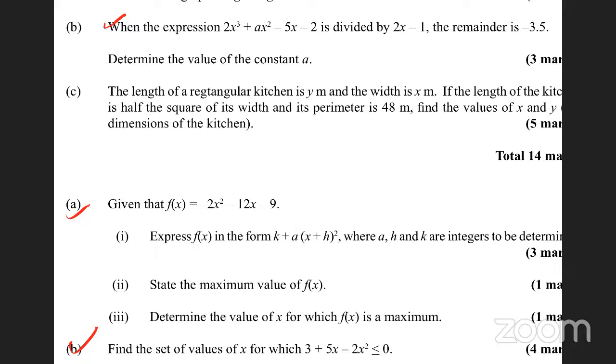Take your time, try the part B. Any ideas? How are we doing part B? The first part B. They told you that when it's divided, they give you the remainder. What's the ideas you have there? Sorry?